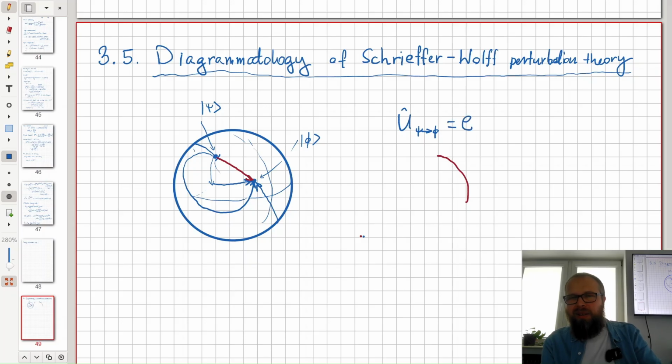It can always be expressed as the exponent of some generator. This is some Lie algebra, Lie group stuff. So it can always be generated. And the magnitude of this generator S, you can imagine as an angle, or the length of the path you go through to reach the final point.